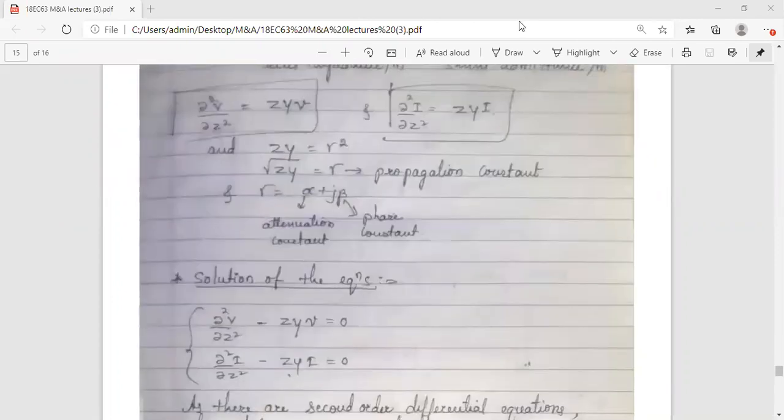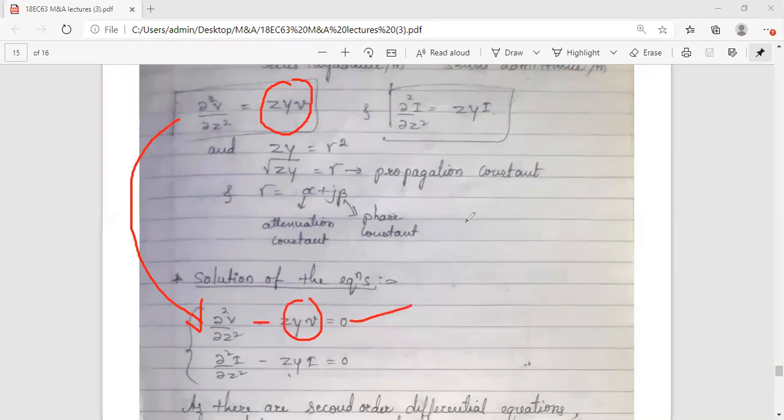You can see for equation 7, d²V/dz², whatever RHS value you have, let me take it to the left hand side, so it becomes d²V/dz² minus zyV is equal to 0.